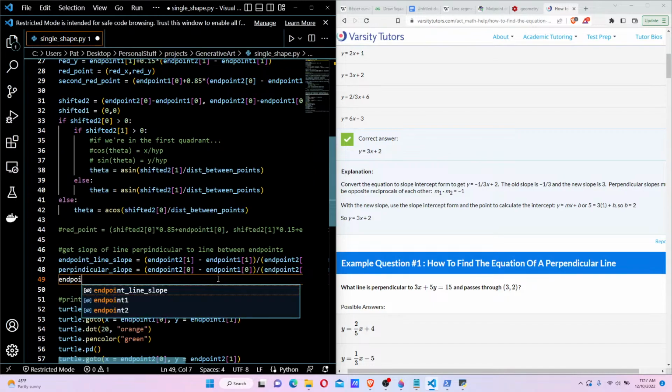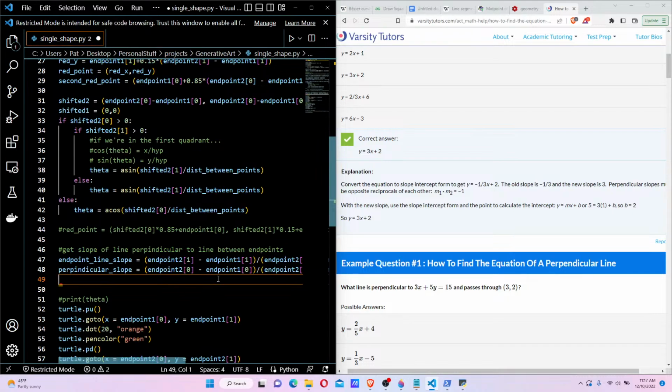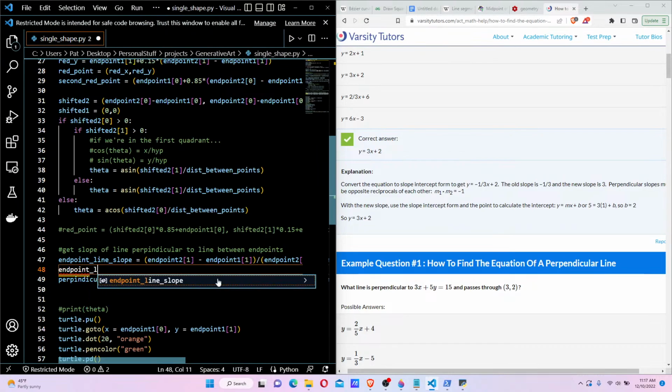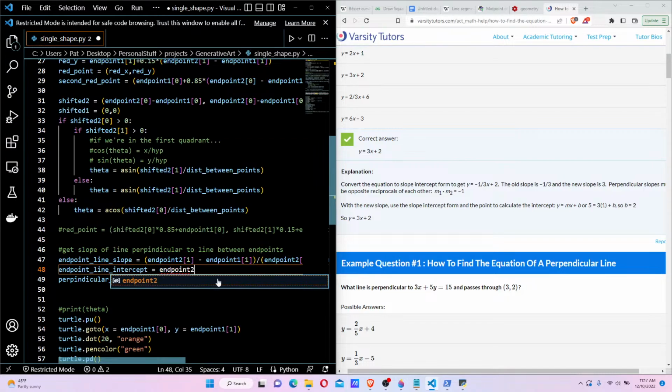And the endpoint line, I'll actually just put that right up above. Endpoint line intercept. So we know that it goes through, when y is equal to the y at endpoint 2, y equals mx plus b.